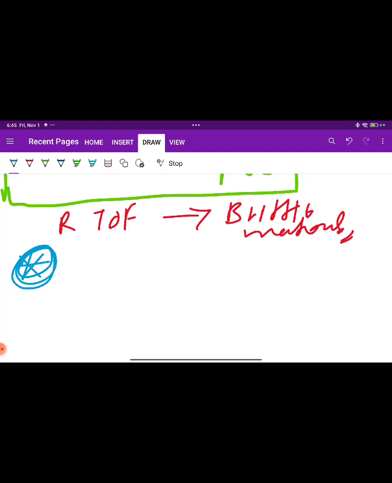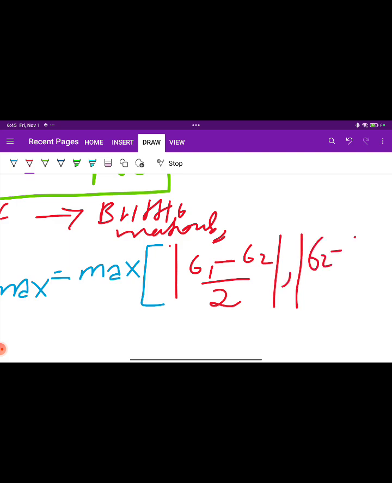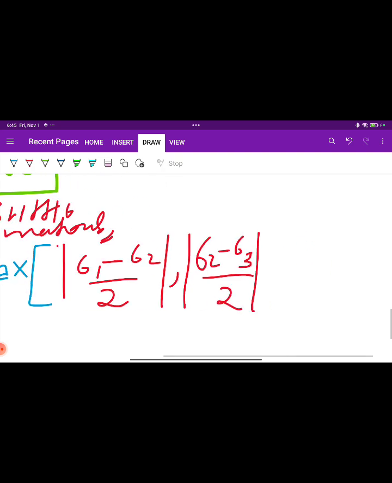For the criterion of failure in this case, the maximum shear stress will be equal to the maximum of sigma 3 minus sigma 2, and sigma 1 upon 2, like this.